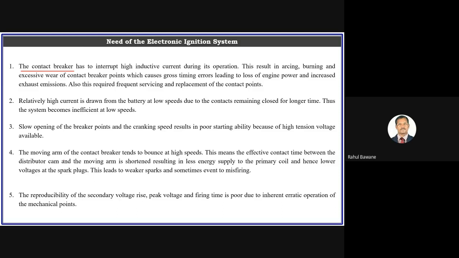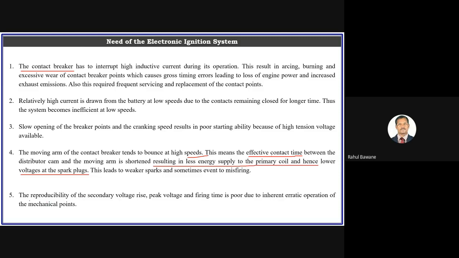Next, the moving arm of the contact breaker tends to bounce, and this bouncing reduces the actual effective contact time of the two points. This results in less energy supplied to the primary coil and hence a lower voltage at the spark.